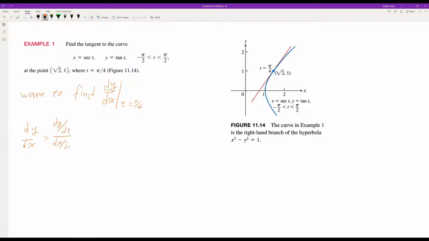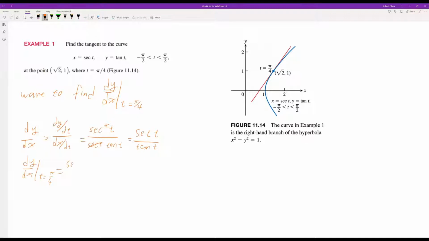So we need to find those. y is tangent t, so dy/dt will be secant squared t, over dx/dt. The derivative of secant is secant tangent. Simplifying, we get secant over tangent, and we evaluate that at t equal to pi over 4.